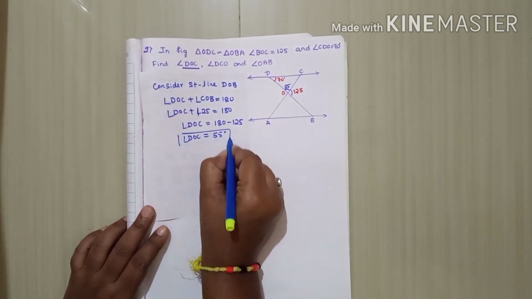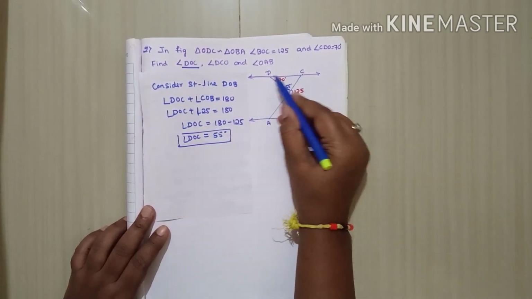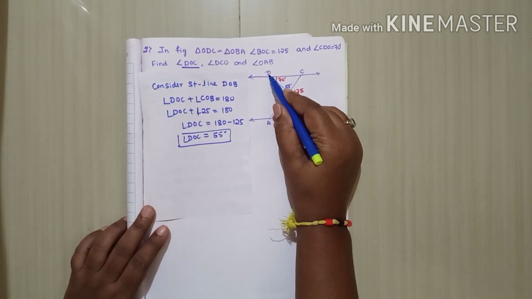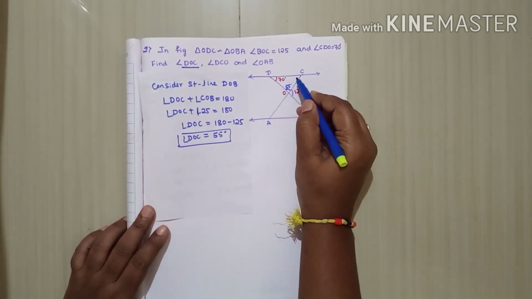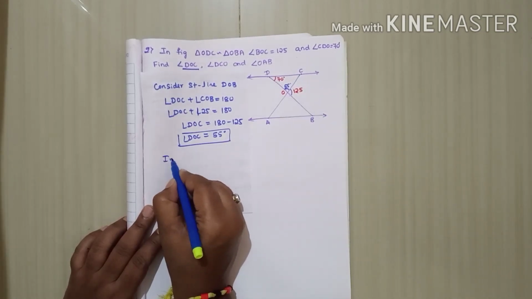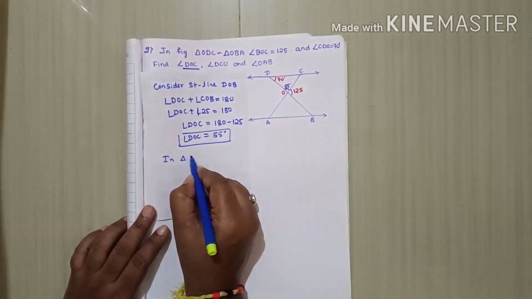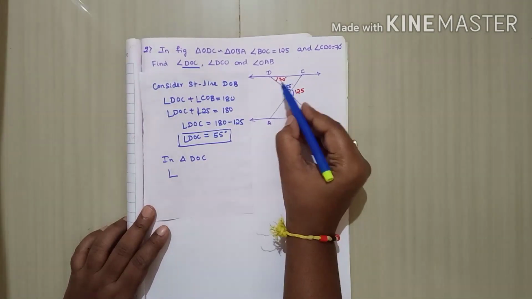That is the first angle we got. Now we have to find DCO. If you want to find DCO, you should consider triangle DCO. In this triangle we already know two angles, and the remaining angle we can find by the angle sum property. In triangle DOC, which are the three angles? Using three letters, you write those.